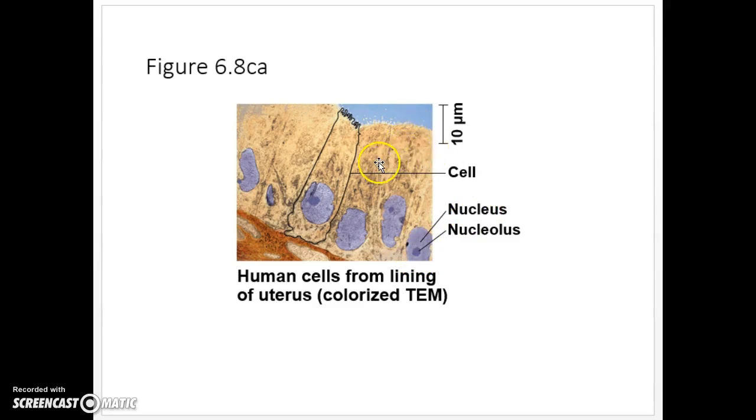And you can't really make out the organelles very well with this magnification, but you do get a sense of the outer cell membrane. And you can see here there are cilia in this type of cell attached here. And then you can get a sense that there's cytoplasm in there.